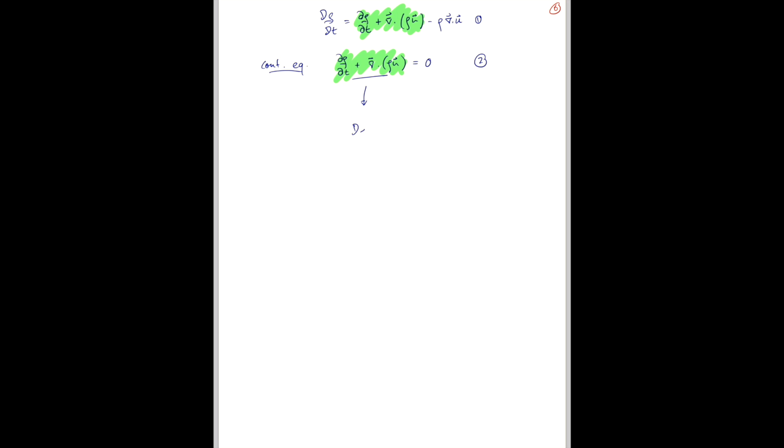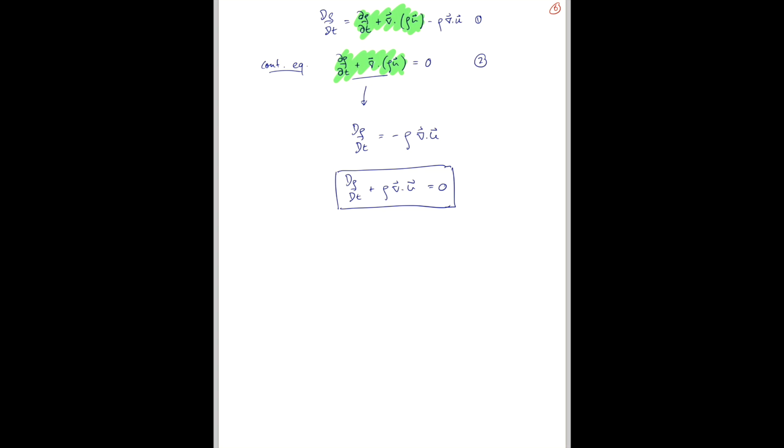So my material derivative of the density is simply minus rho, the density, times the divergence of the flow field. Or in other words, D rho Dt plus rho grad dot u is 0. So that's an alternative way of writing the continuity equation.